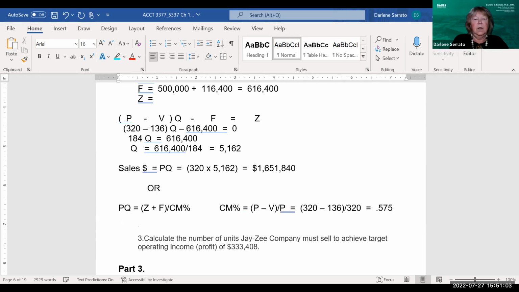Okay. So I can use this formula. PQ is equal to 0 plus 616,400 divided by 0.575. And what does that equal? Hopefully the same thing.